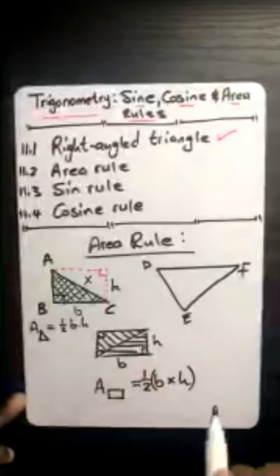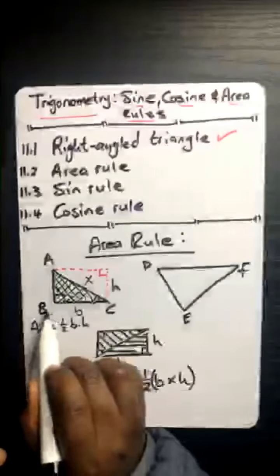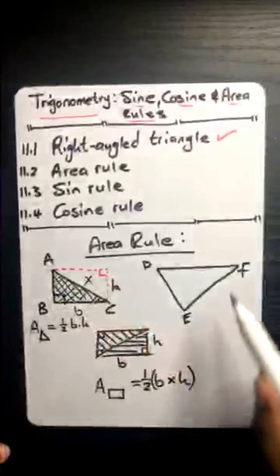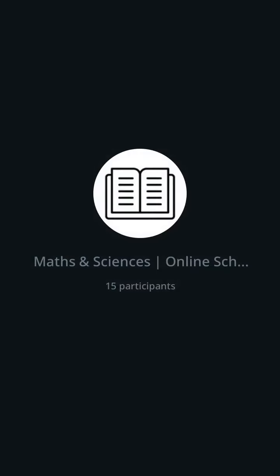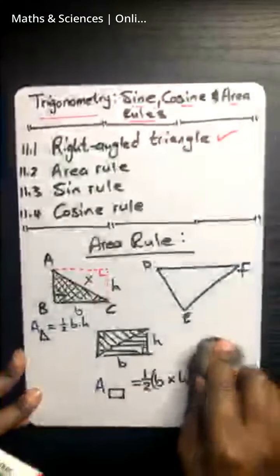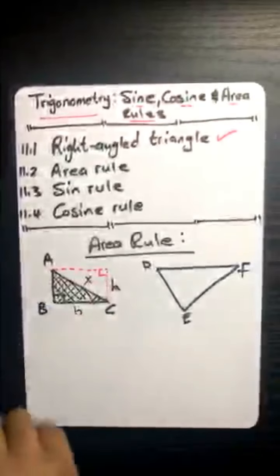Very important, ladies and gentlemen. That was the explanation on a right-angled triangle. What about this triangle, which is not a right-angled triangle? Can I also explain on that one?